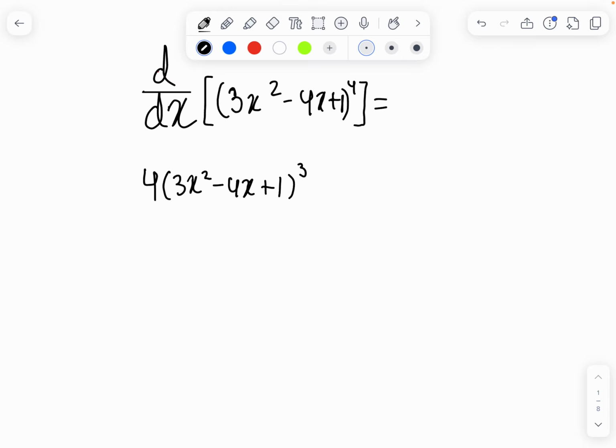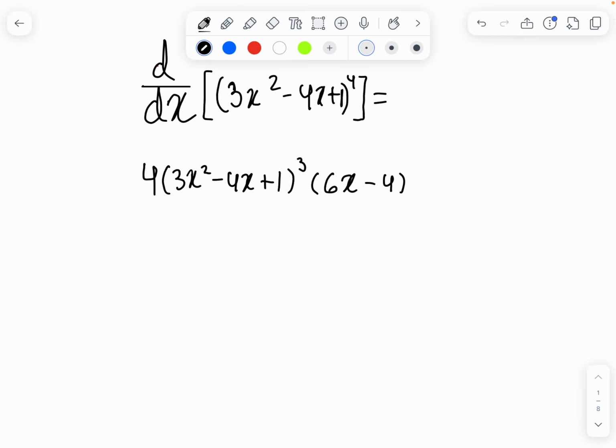So we basically used the power rule to differentiate the outside, and now we multiply it by the differentiation of the inside. So when we differentiate the inside, the derivative of 3x squared is 6x, minus 4, because that's the derivative of negative 4x.